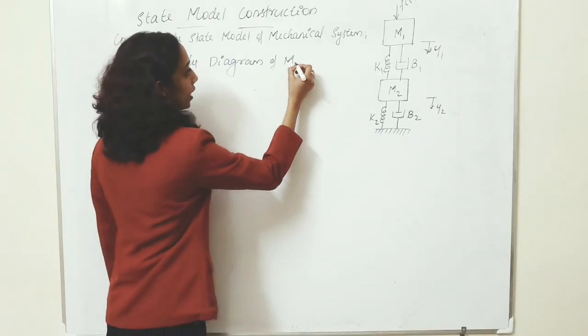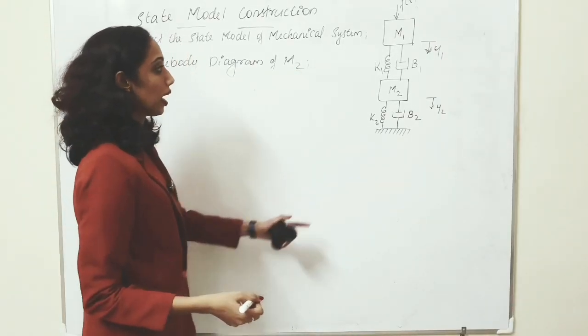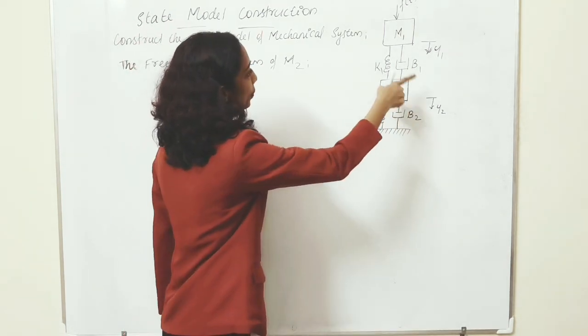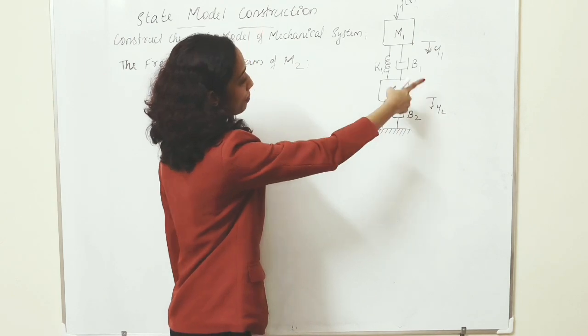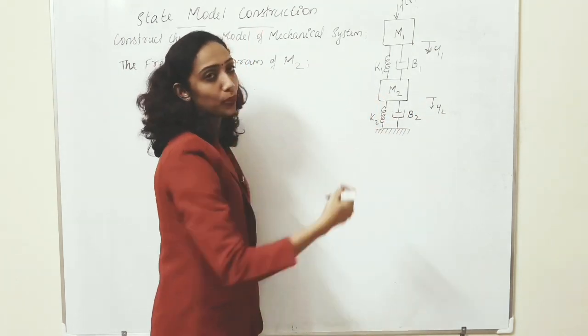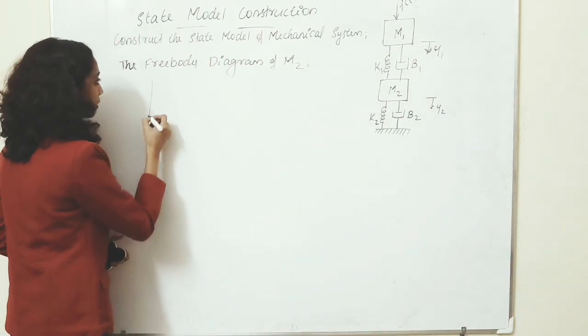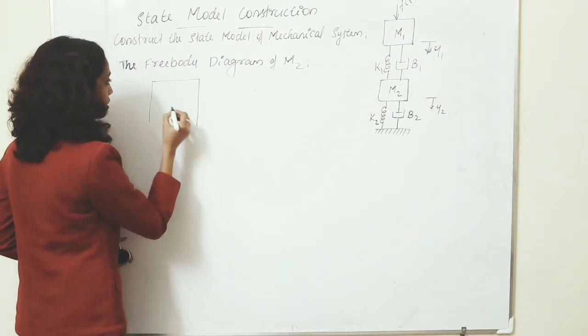Next, the free body diagram of M2. Here we have M2. M2 can have 4 components: K1, B1, K2, B2, and the opposing force due to the M2 component.